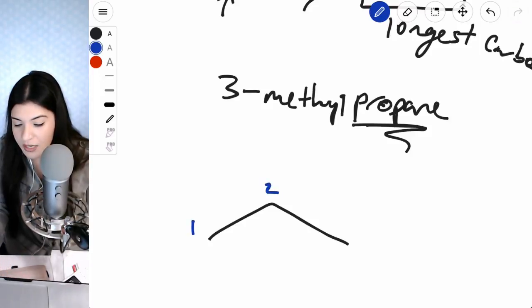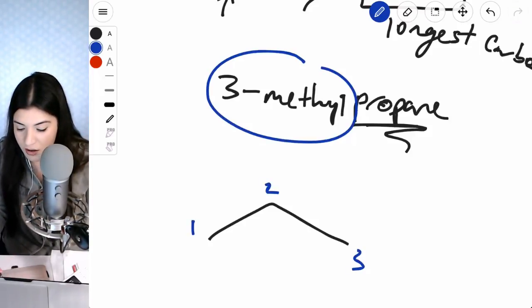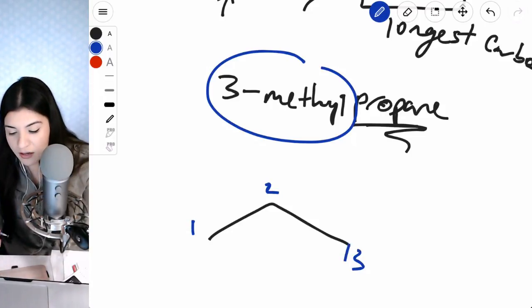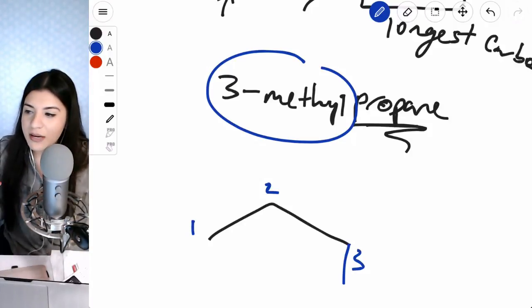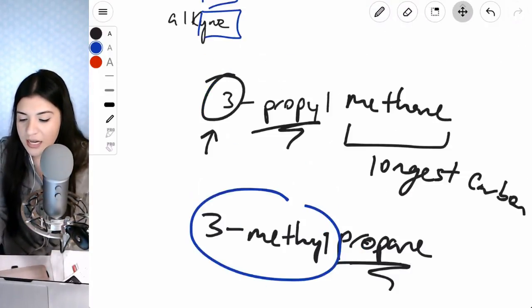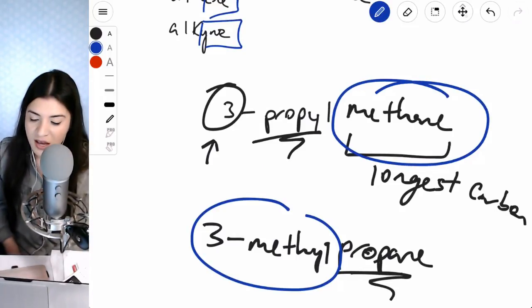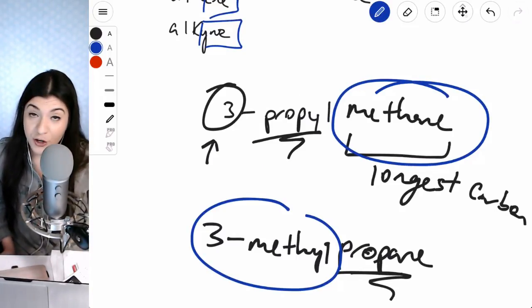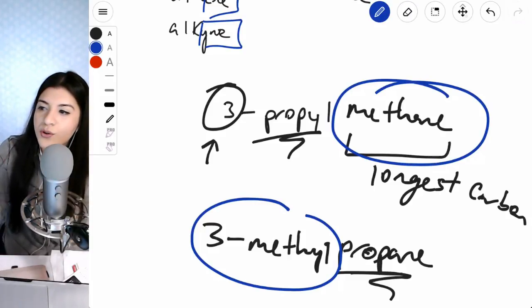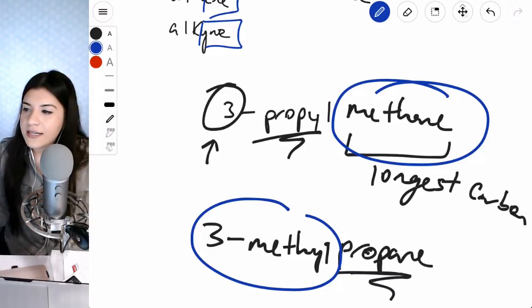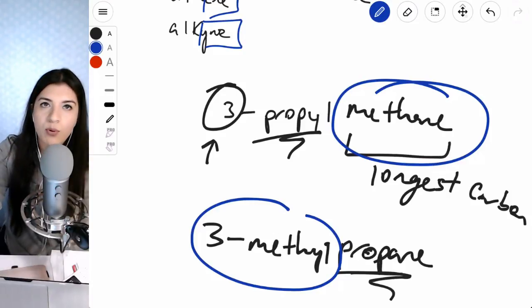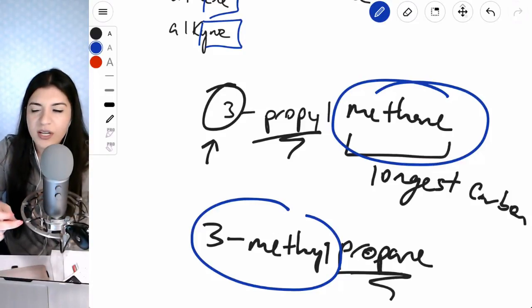Now I can state the location of our methyl group, which would have been here. I know this technically wouldn't work either, but that's the main concept: you always want to have the longest carbon chain when you're numbering and naming in general. That's why the 3 propyl methyl doesn't work, since you only have 1 carbon and you can't state the location of that propyl at 3. Okay, hope that makes more sense.